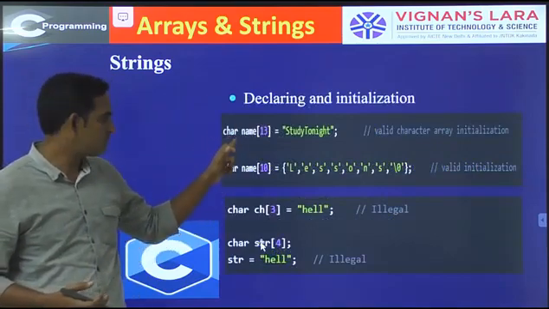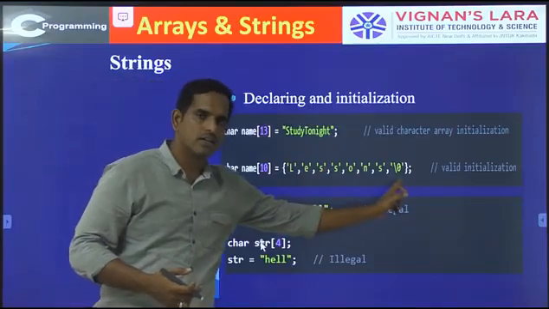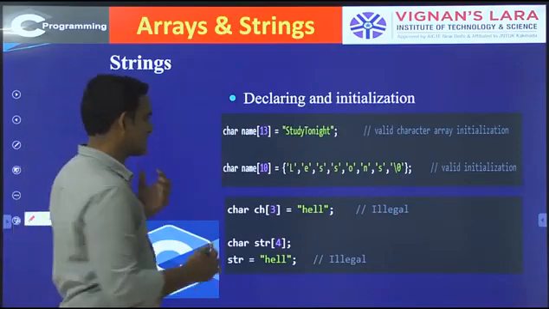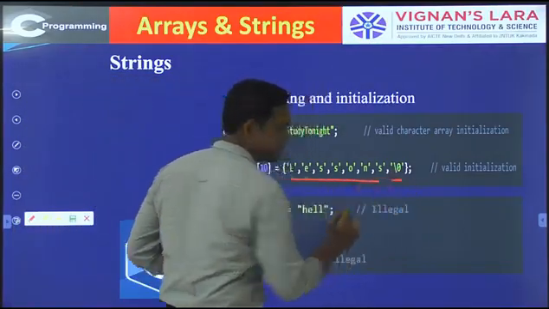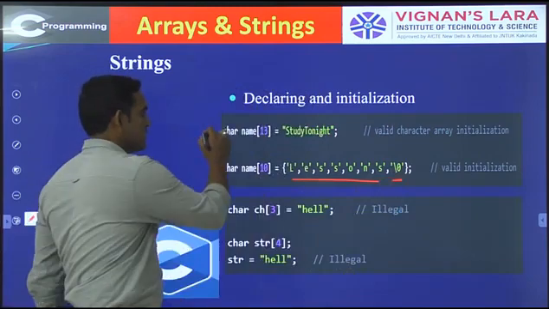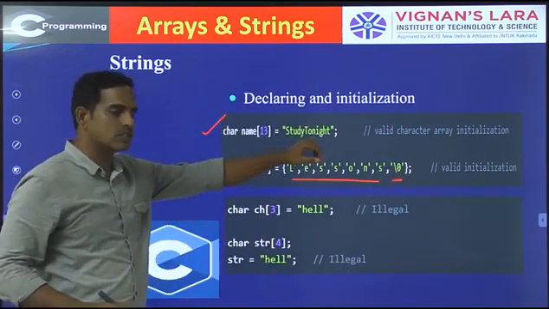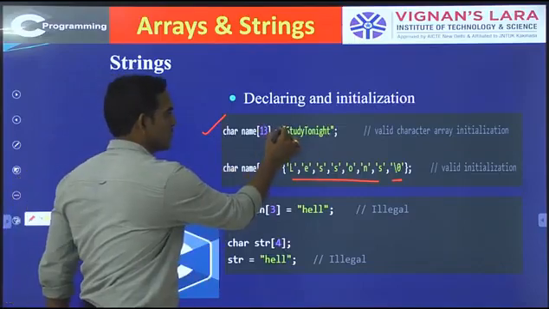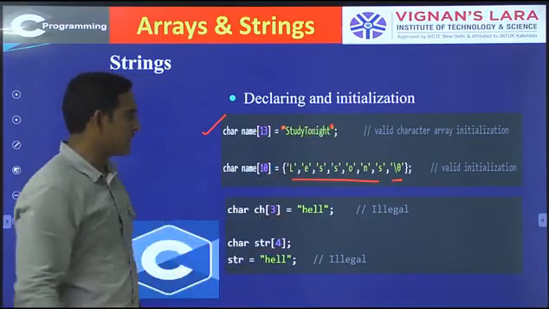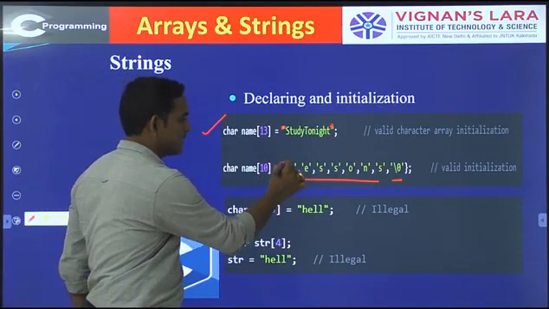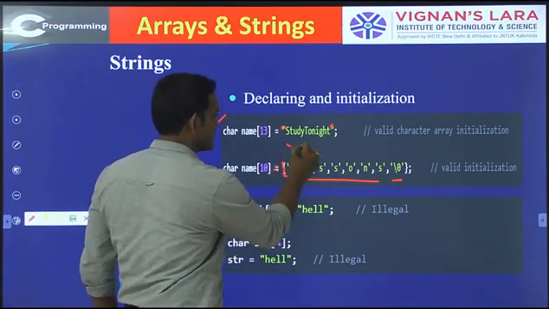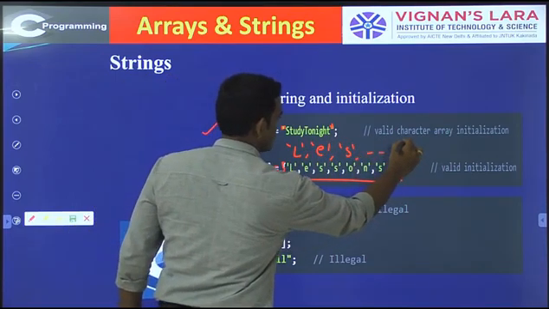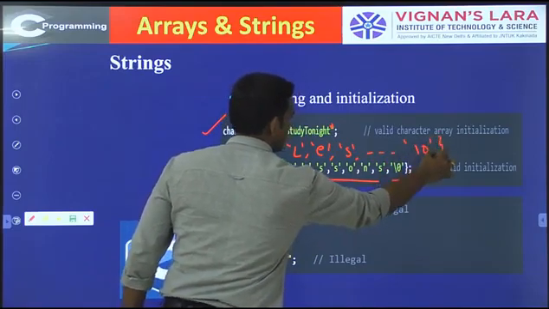A string is a character array terminated by one null character. It can be initialized directly using the string notation, where you write the array name, equals, and then the complete string in double quotes, or you can initialize it with individual letters, each in single quotes, until the null character.